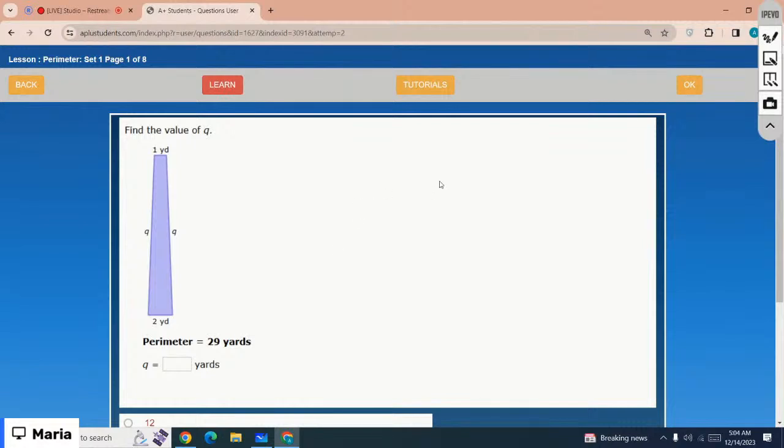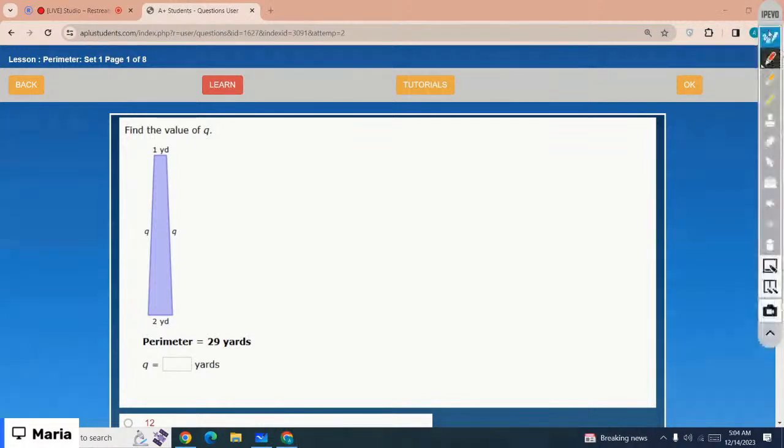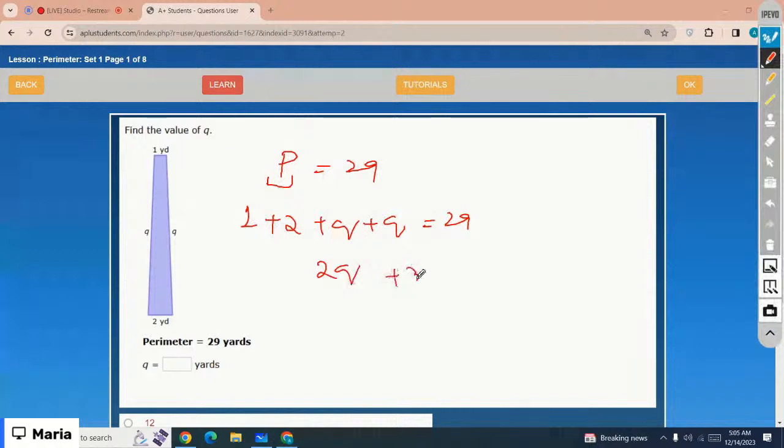So you are given the perimeter that is 29 yards. And we know that perimeter P equals the sum of all four sides. So that is 1 plus 2 plus q equals 29, right? 2 plus 1 is 3 and 2q plus 3 equals 29. Move 3 to the other side. 2q equals 29 minus 3. That is 2q equals 26. So you need to divide both sides by 2.